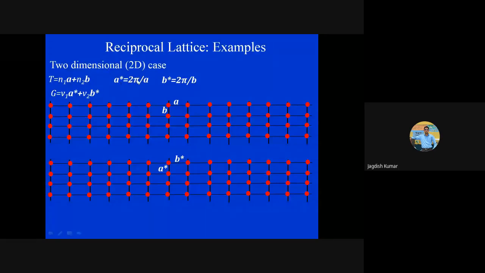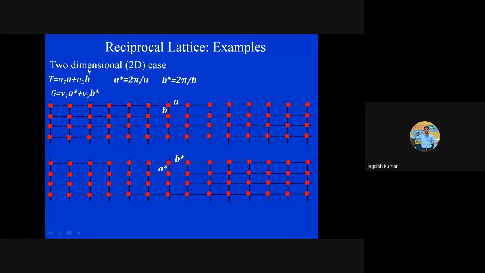So you have to get corresponding vectors. So the first thing you have to do is, you know that it is already given to you that this is the real space lattice. Now how to get the reciprocal lattice? From that, you have to first find the reciprocal lattice vectors from the real space lattice vectors. So this is the relation. So you first have to look for the relation between real space primitive lattice vectors and reciprocal space primitive lattice vectors.